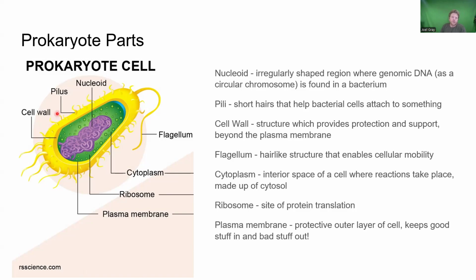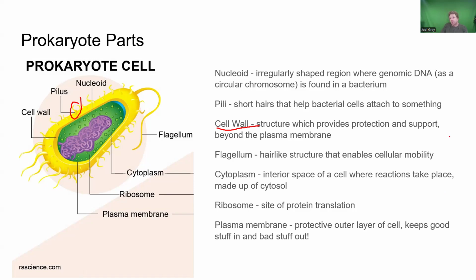Another structure important to a prokaryote is the pili or pilus. These are short hairs right here that help bacterial cells attach to things. In the case of a bacteria that needs to attach to a host, the pilus or pili are going to assist in that. A cell wall is a structure that is not completely unique to a prokaryote, but is important for a prokaryote.